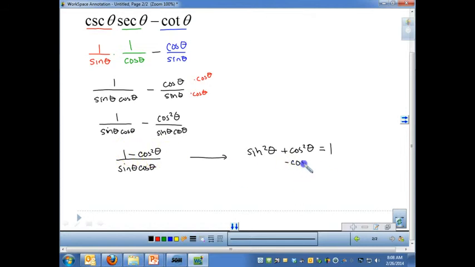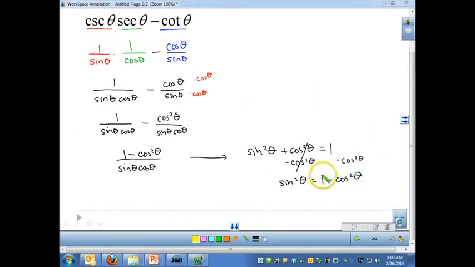So if I subtract the cosine squared of theta from both sides, this cancels, and I end up with the sine squared of theta is equal to 1 minus cosine squared of theta. Remember, this is about substitution. I see 1 minus cosine squared of theta is equal to sine squared, and I have 1 minus cosine squared of theta.